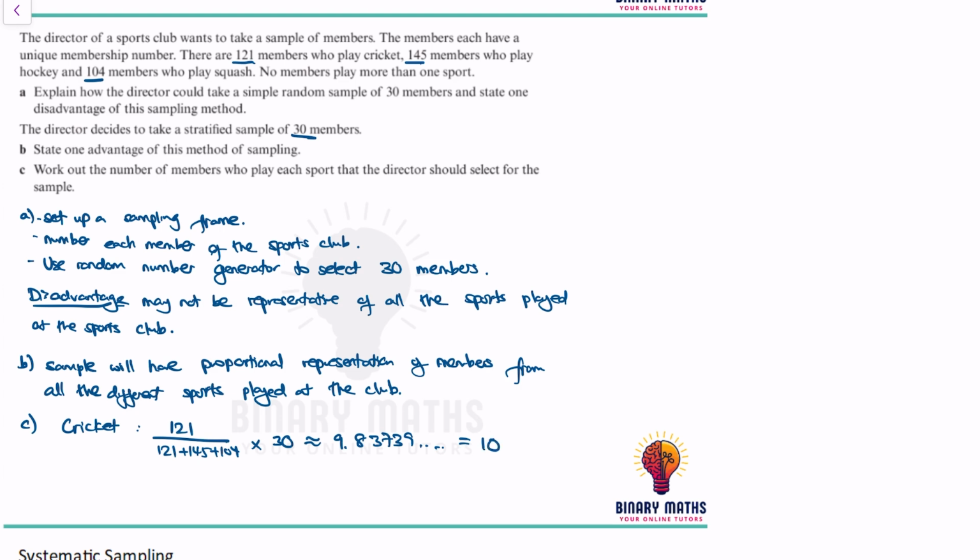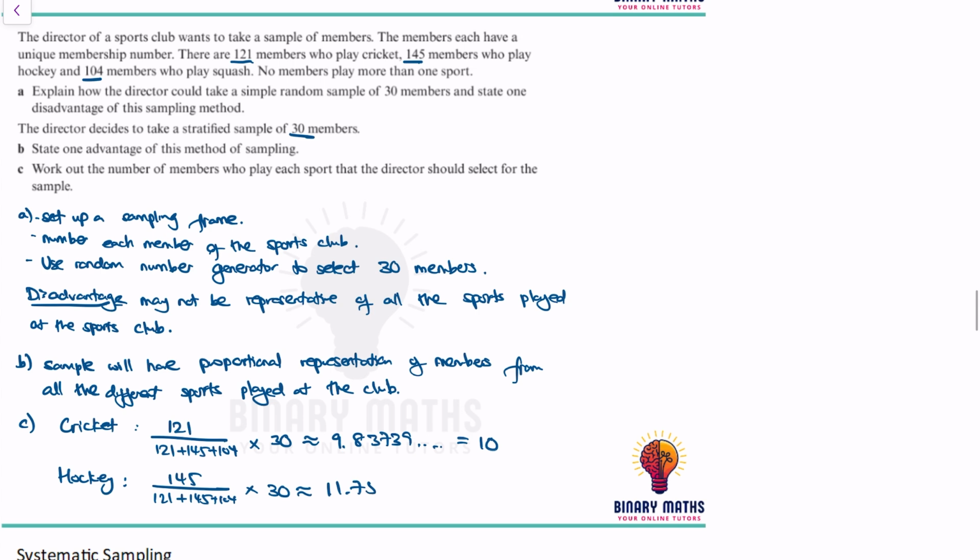Okay, second sport is hockey. Hockey is played by 145 over 121 plus 145 plus 104 times by 30, which is equal to 11.7567 blah blah blah, which rounds to 12.